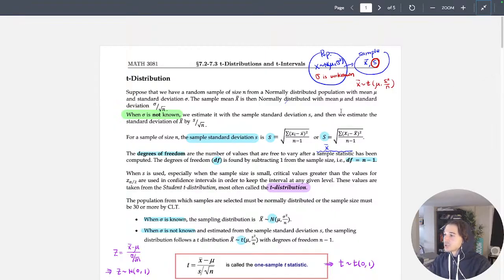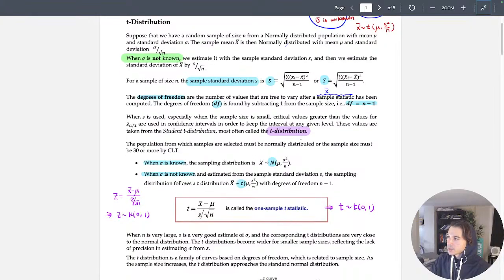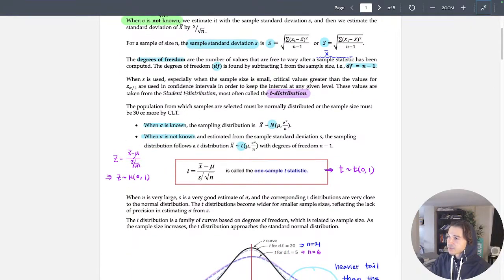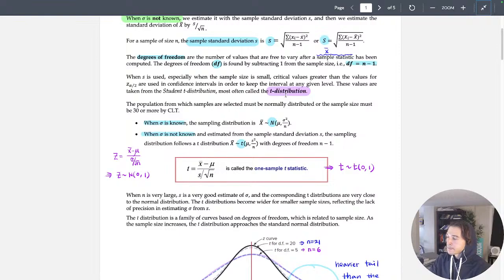The t-distribution, this is when the population standard deviation is not known, but you'll have a sample standard deviation, and that's s, the square root of the sum of xi minus x bar squared over n minus 1. Here, n minus 1 is your degrees of freedom. And these critical values are taken from a t-distribution.